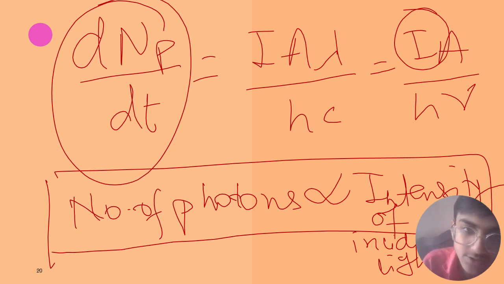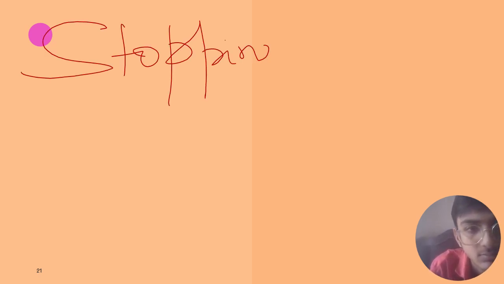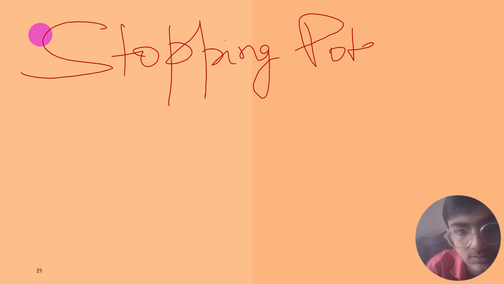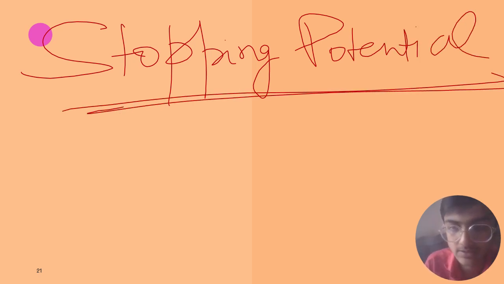So now we will discuss that particular topic, that is maximum kinetic energy. We'll find a formula for that also. So we will discuss a term again, stopping potential. We have just introduced this term in between, but it is important to understand this to get the formula for maximum kinetic energy.